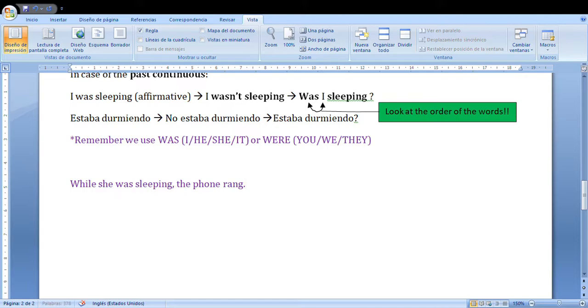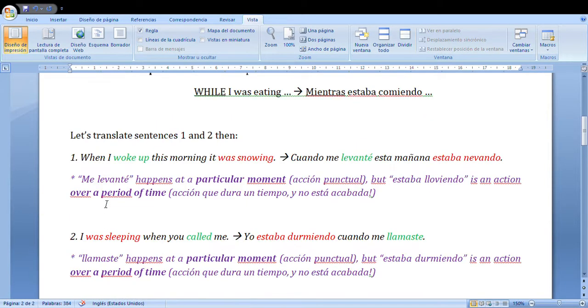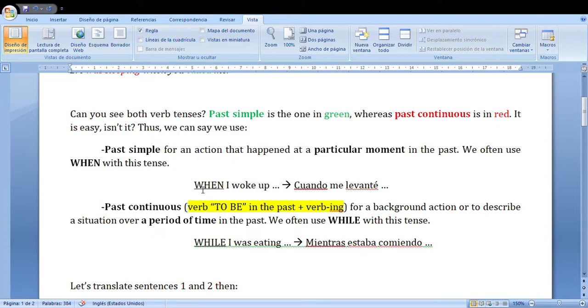And for example, another one, when I looked through the window, when, always remember, if we go to this grammar I put you, when always needs the past simple, okay?